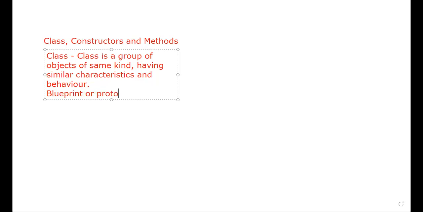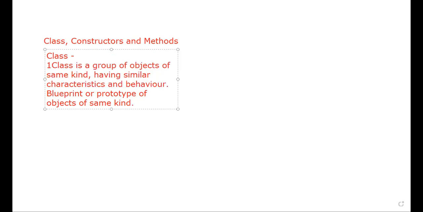What does it mean? I'll tell you. Either way you can define a class, in either manner. Either this one or the second definition: a class is a blueprint or prototype of objects of same kind.